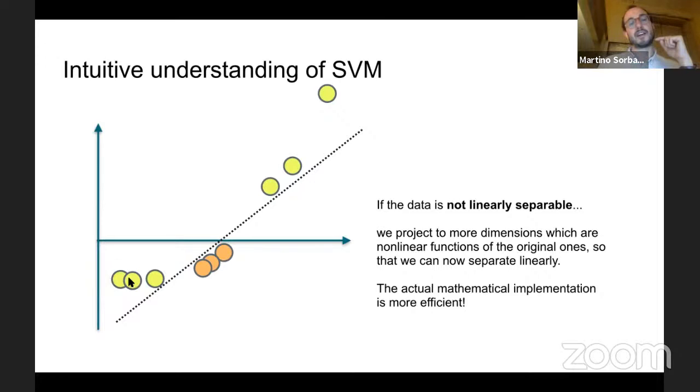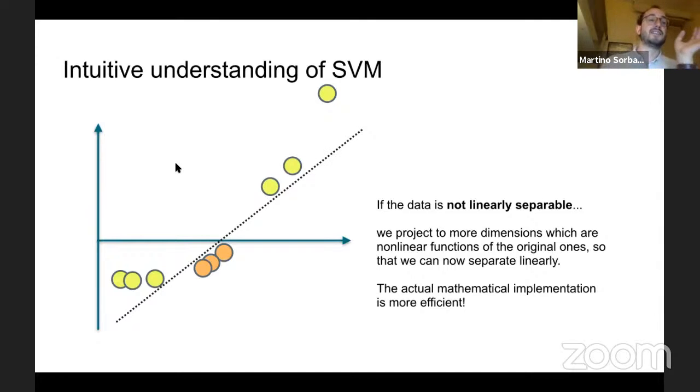For example, here I've put them in a sort of parabola. I've kind of squared this value and obtained this value here. I did this by hand, so I haven't done it very well. But you can see that now they are linearly separable.